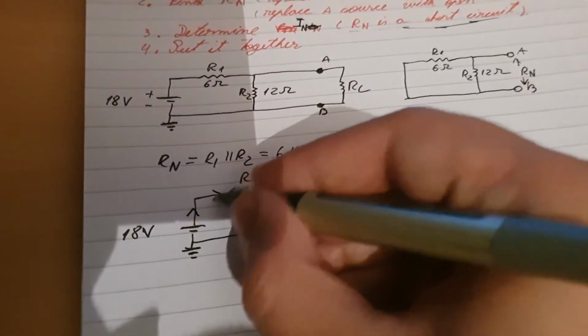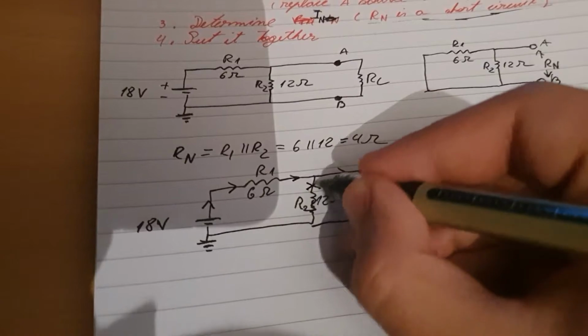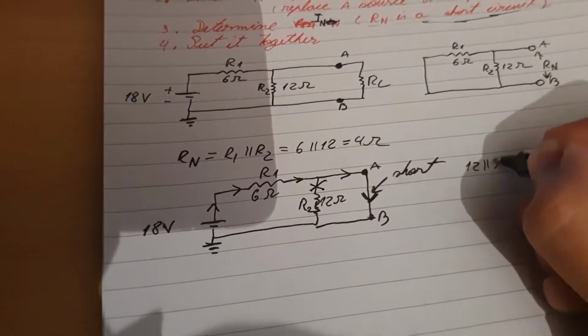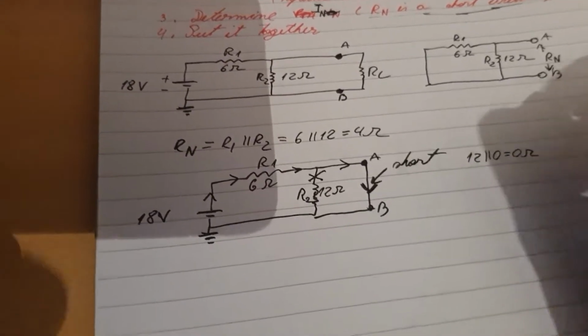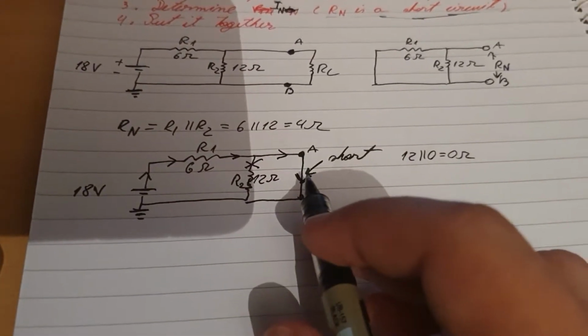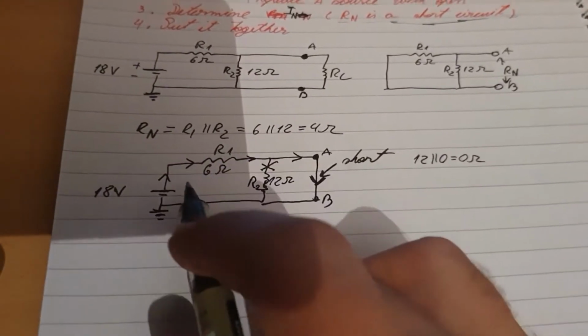Being a short, the current will flow in this direction and there will be no current in here. Why? Because 12 in parallel with 0 is equal to 0 ohms. So it's a short, all the current will go through the short, and it will make it quite simple.